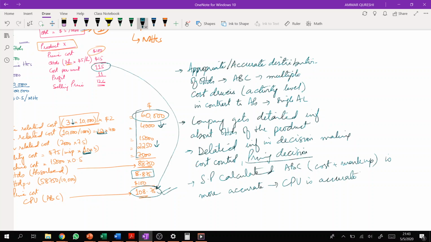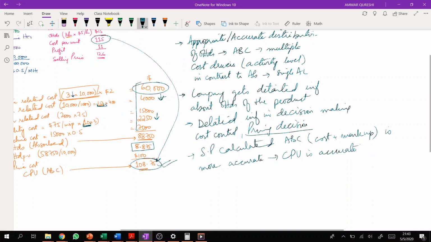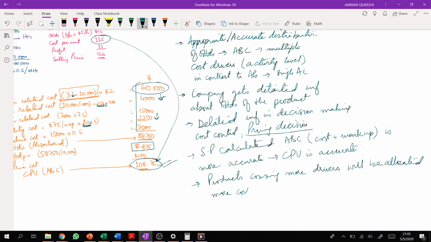Right? So these are the benefits, the advantages which we can derive from activity based costing. And ultimately, you can write one more point, that the products consuming more drivers will be allocated more cost, right? So these are basically the advantages.